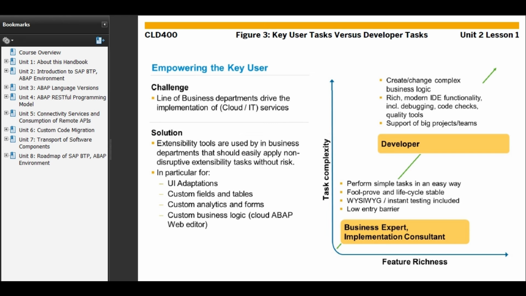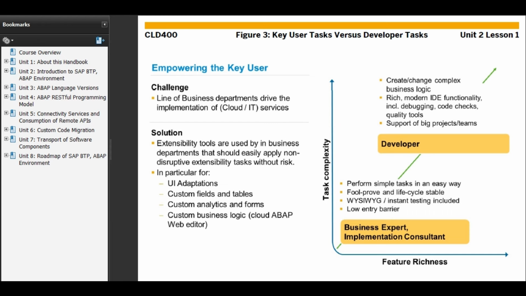Now, empowering the key users: this BTP environment is enhancing our entire ecosystem, especially which is built on the cloud. Let's say we have a challenge here. Line of business departments drive the implementation of cloud IT services.